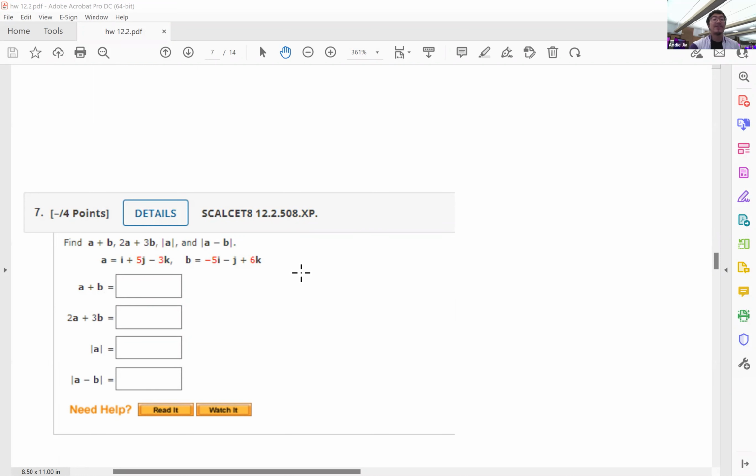Same as this. Translate A equal to 1, 5, negative 3. IJK is a representation of X, Y, and Z. And for B, translate to negative 5, then negative 1, then positive 6. Then you do the operations: add or subtract, do a scalar or the magnitude, or produce a new vector, then its magnitude.